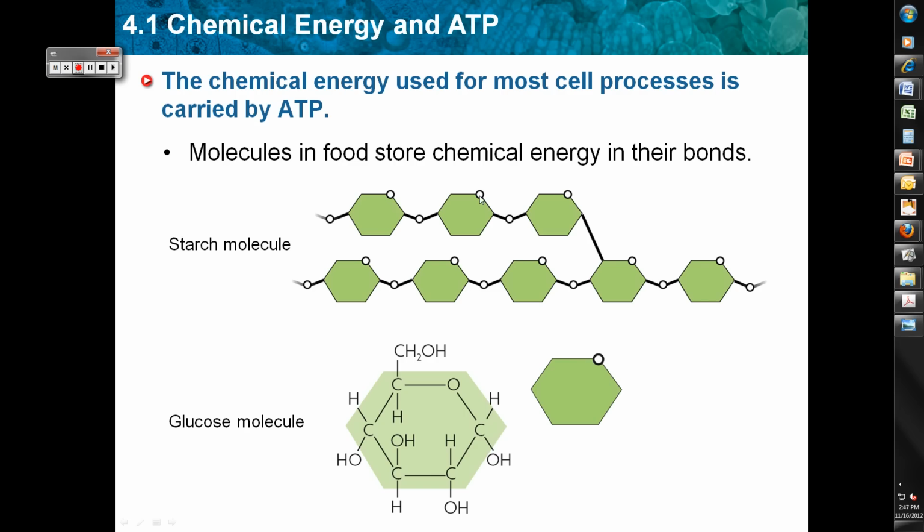And if you look at this top picture here, this is a characteristic starch molecule which has several glucose molecules attached together, and sometimes there's branching. And starch is the way that plants store the carbohydrates that they make from their photosynthesis efforts in the sun.